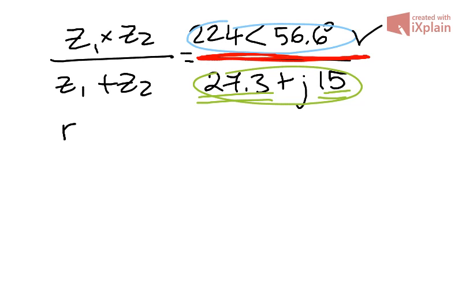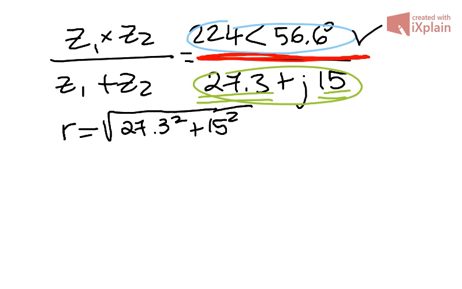So we do that work. So r equals the square root of a squared plus b squared, so 27.3 squared plus 15 squared. So square both, add them together, and take the square root of that.